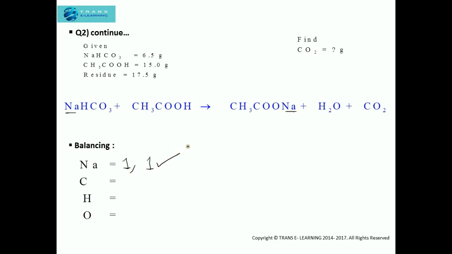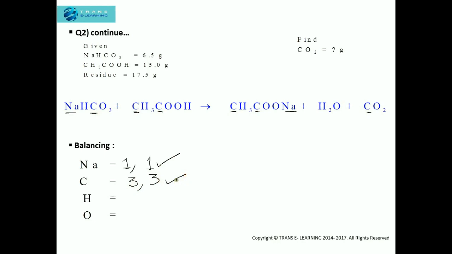Now the number of non-metal atoms other than oxygen and hydrogen, so here we are just left with carbon. On the reactant side, carbon is 1, 2, 3, and on the product side is also 1, 2, and 3. So this is also balanced.